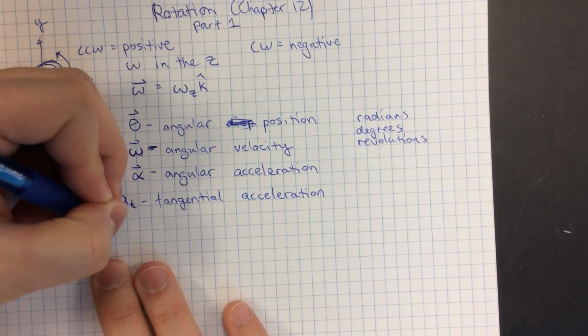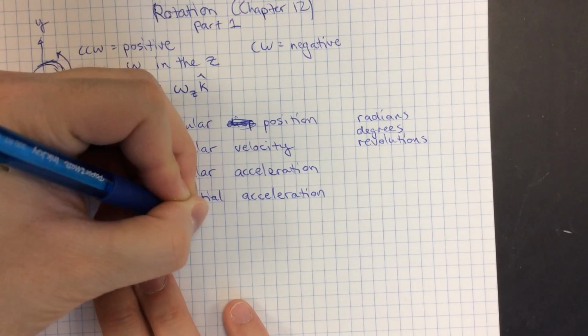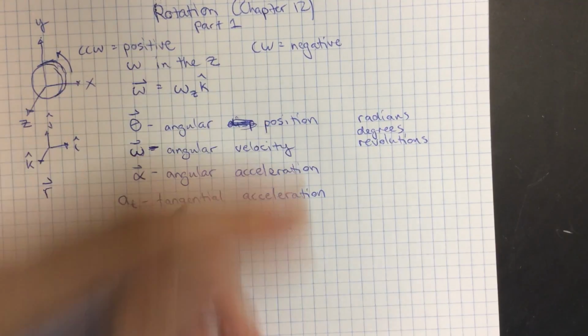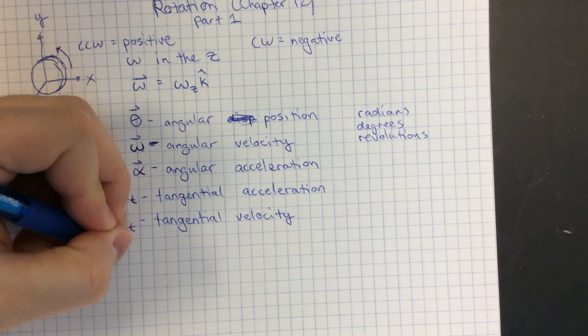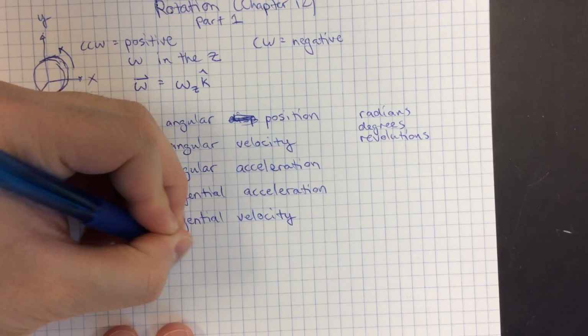We also talked about tangential velocity. And then we also had S, which is like an arc length.